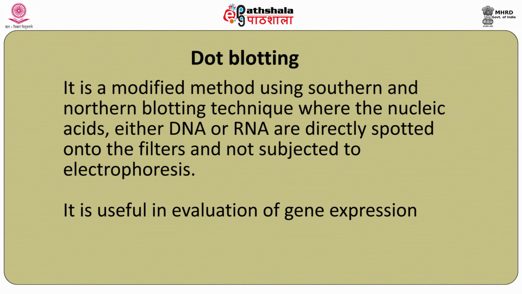It is a modified method using Southern and Northern blotting technique where the nucleic acids, either DNA or RNA, are directly spotted onto the filters and not subjected to electrophoresis. This is useful in the evaluation of gene expression.